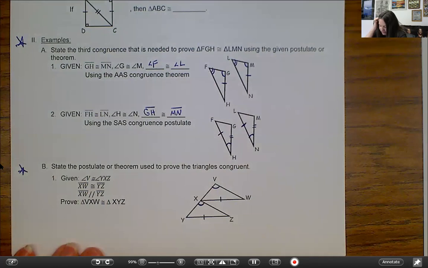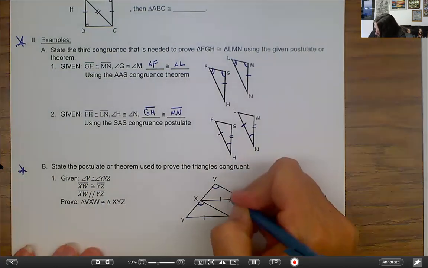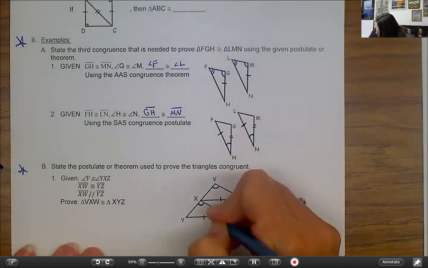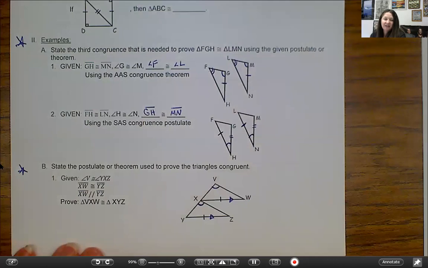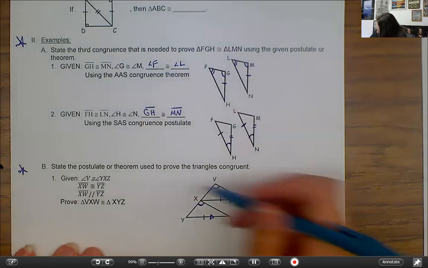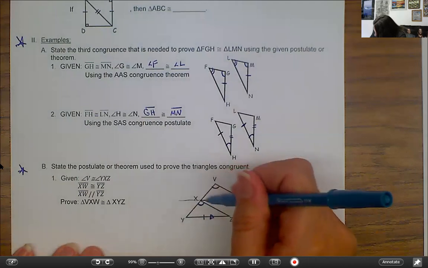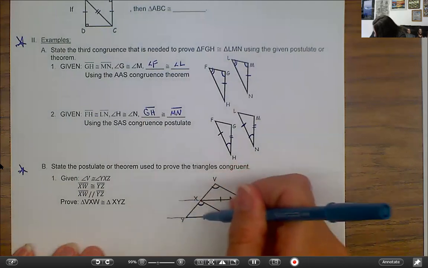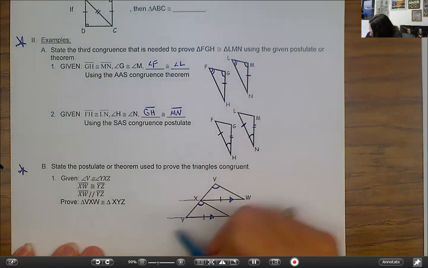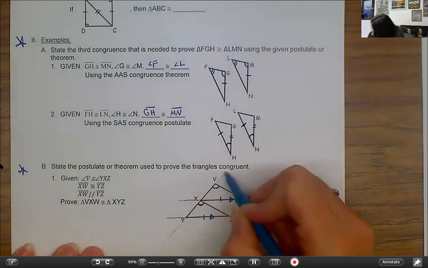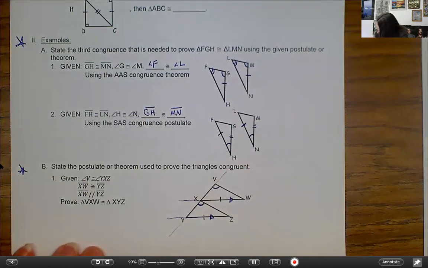So now when I see this part here, that XW runs parallel to YZ. Well, parallel lines are going to create a set of congruent angles somewhere. So I need to see, and you might want to just kind of expand or trace over this. You can really see where a transversal would be located between these 2 parallel lines.